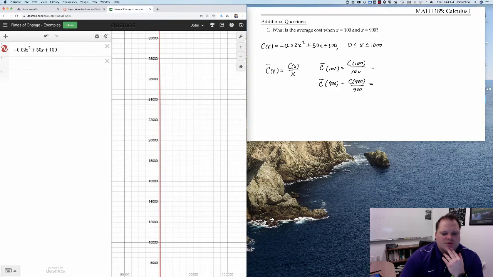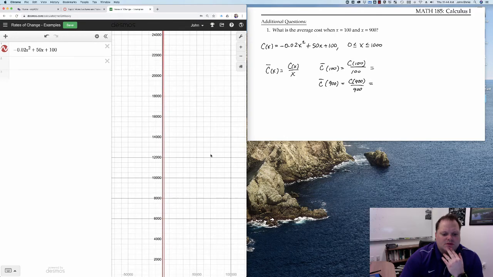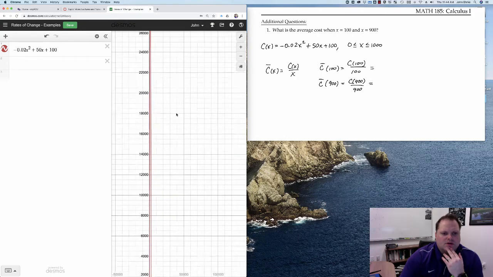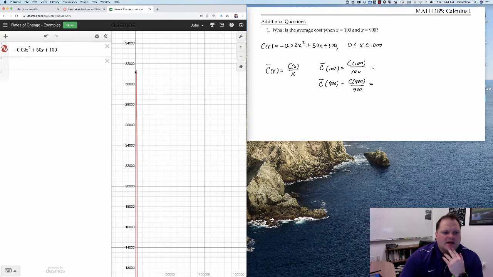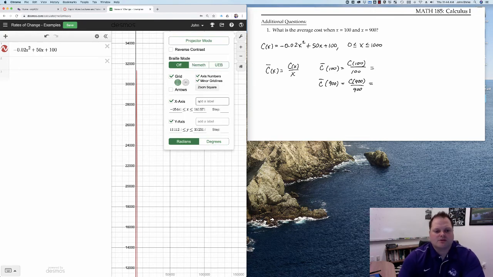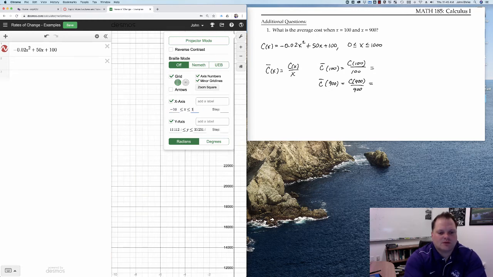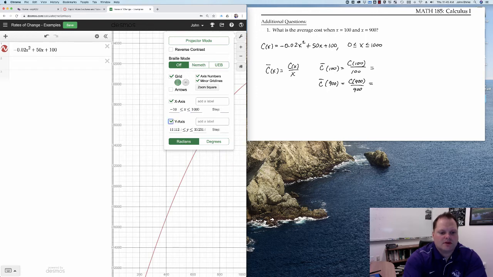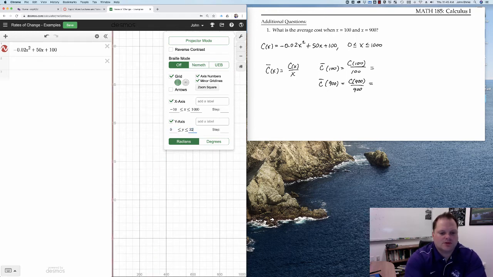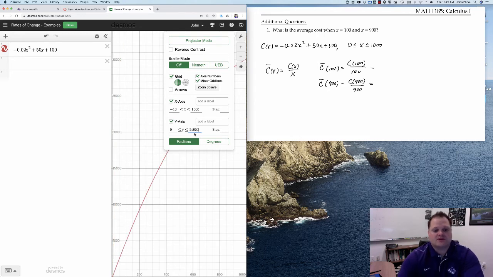Oh, really steep curve. Okay, so it looks like it maxes out around 32,000. All right, so sorry, just trying to get my bearings here on the x-axis. So let's do, say, negative 10 to 1,000, and then we'll do, say, 0 to, what is it, 34,000, something like that.